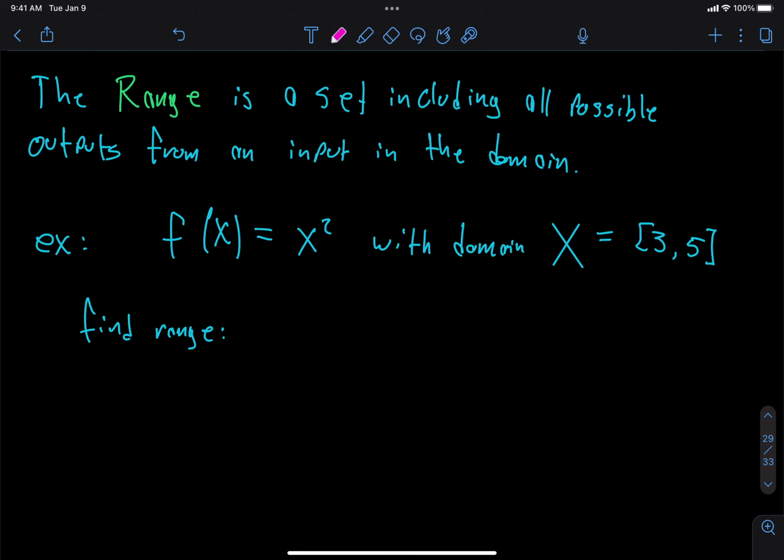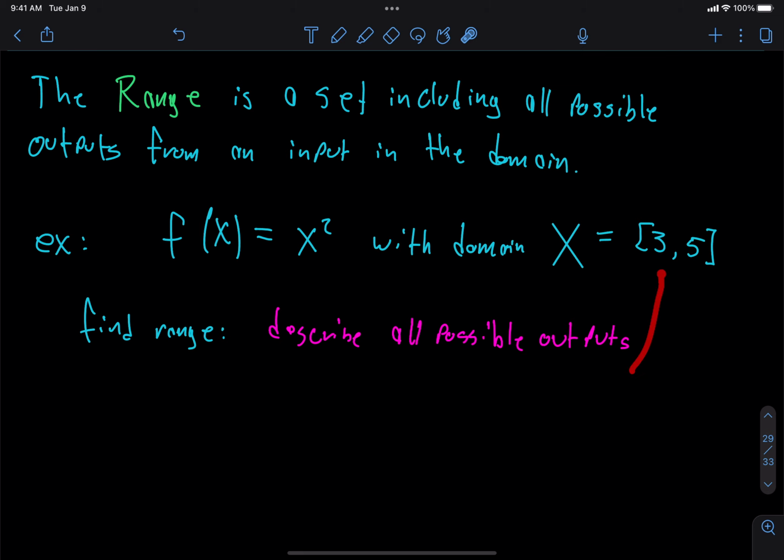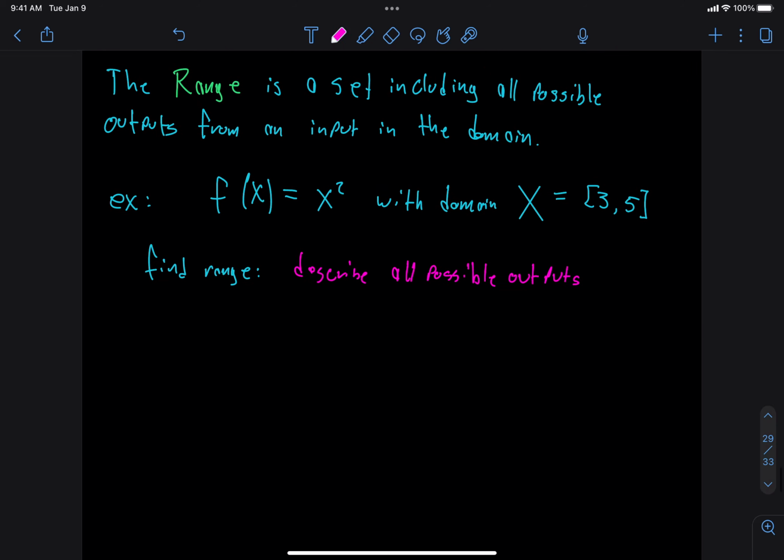And what I am supposed to do is describe all possible outputs when plugging in a number which is between 3 and 5, including 3 and 5, right? So in this case, a lot of the times it's helpful if you know how to draw the graph of the function.